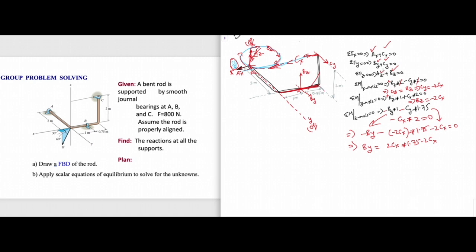So how much do we get? So I get By is 1.5 Cx. Right.